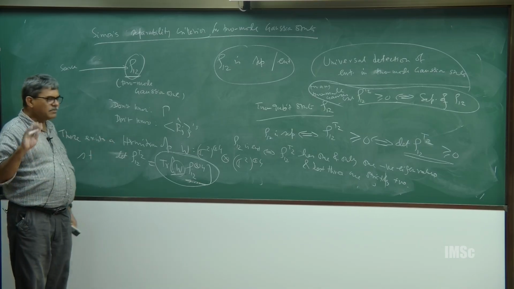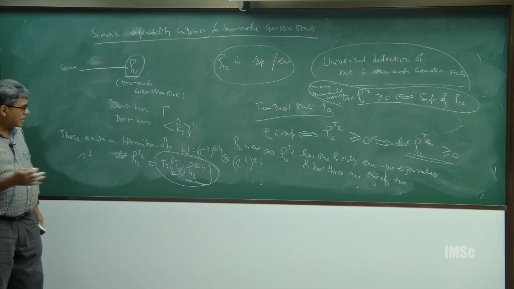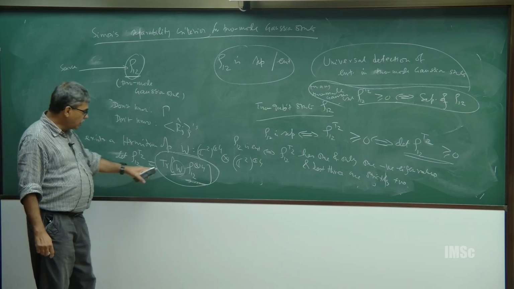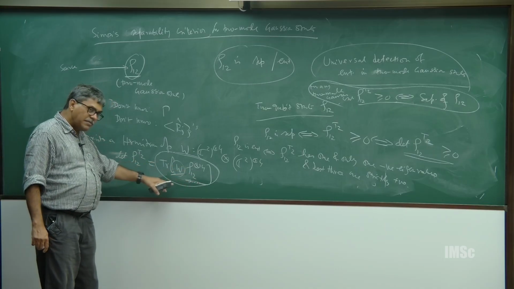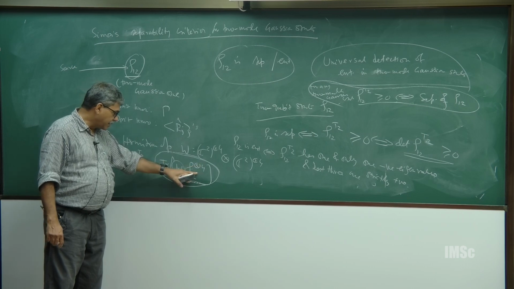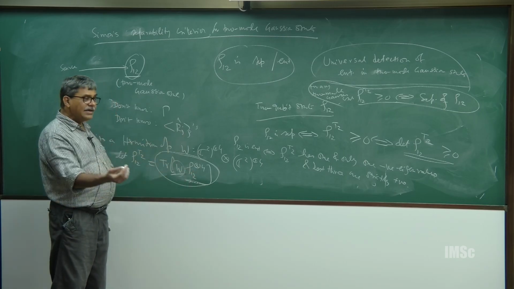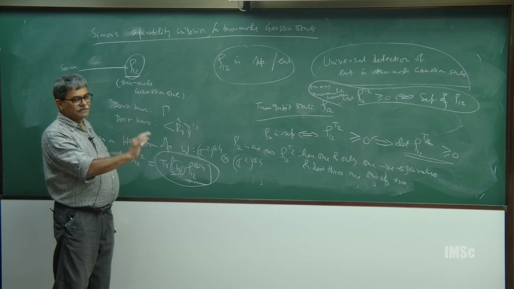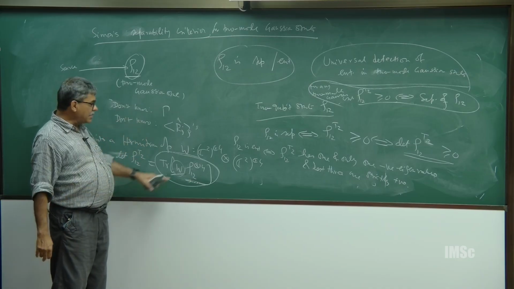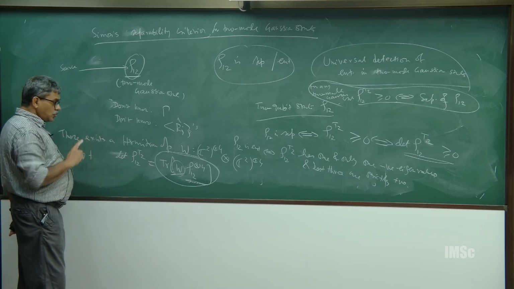I forgot the name, anyway. Some such attack can be there. So, because of these errors in the detection, a separable state may turn out to be entangled, which is very dangerous. An entangled state turning out to be separable, fine, okay, but a separable state turning out to be entangled is very dangerous, because you cannot use that.